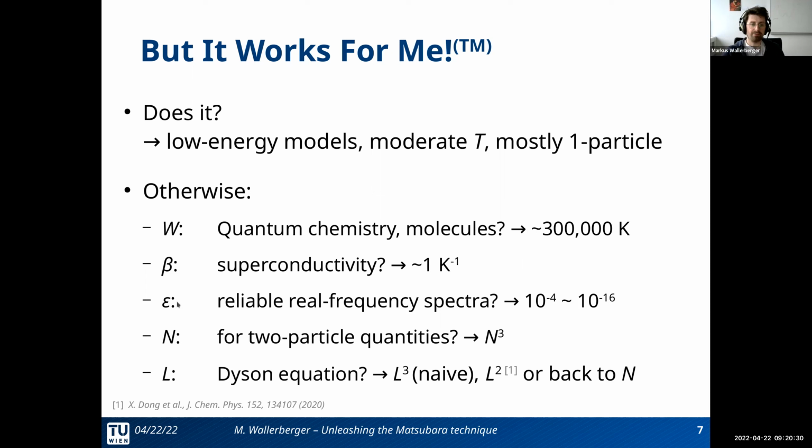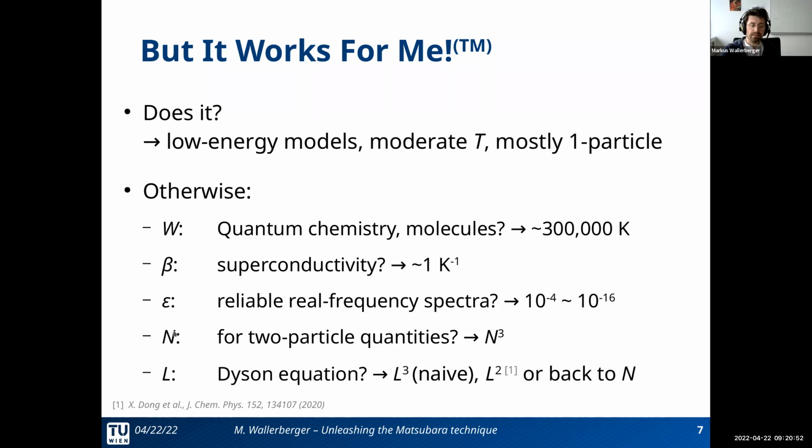Or if you want to have reliable data on the real frequency axis, you have to invert that transformation, and that works better if you have more data. So there this error epsilon often becomes 10 to the minus 16, or very small. Anyway, you need a lot of frequencies.